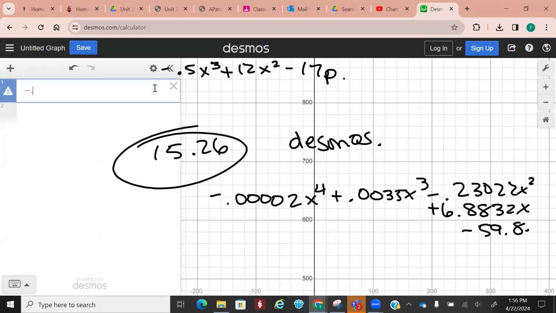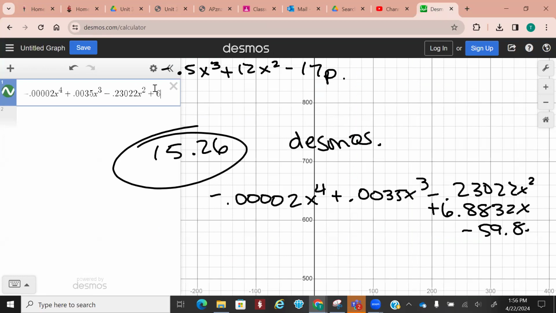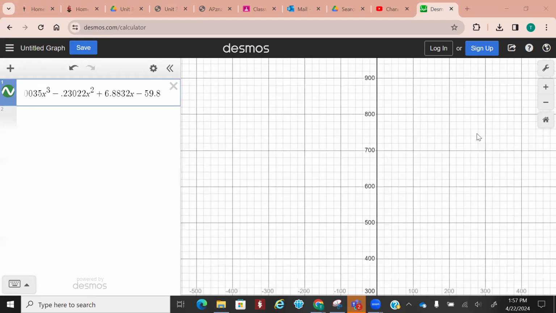So negative 0.0000234 2x to the fourth plus 0.0035x to the third minus 0.23022x squared plus 6.8832x minus 59.8.